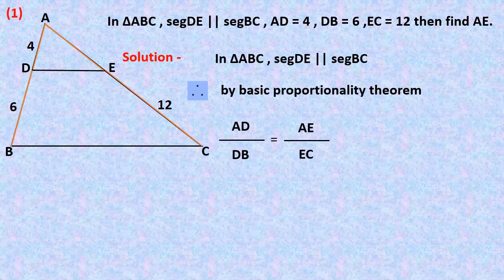Therefore, the 12 on the RHS side, taking it to the LHS side, becomes multiply.